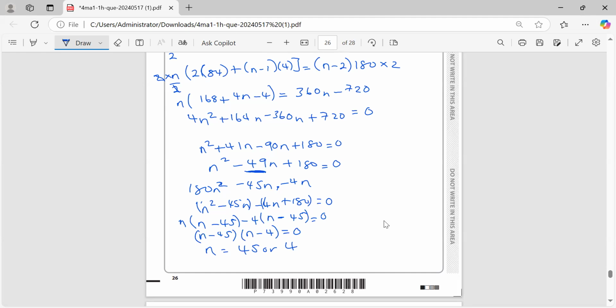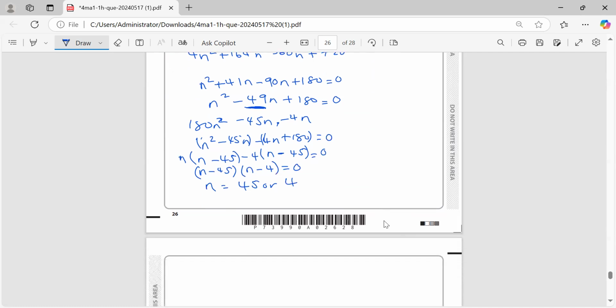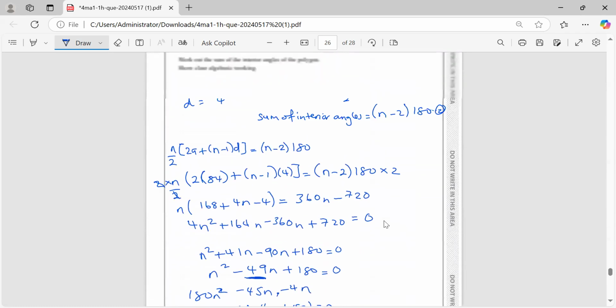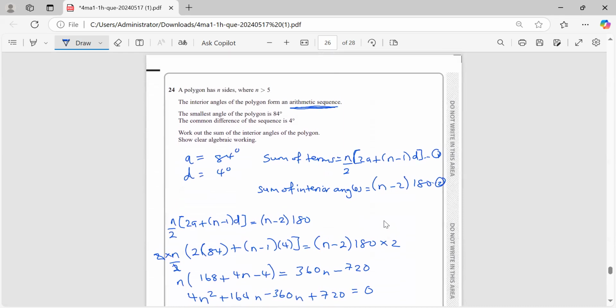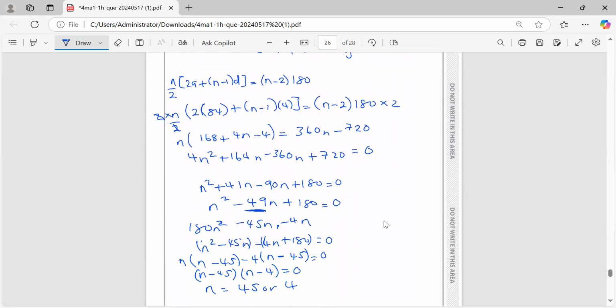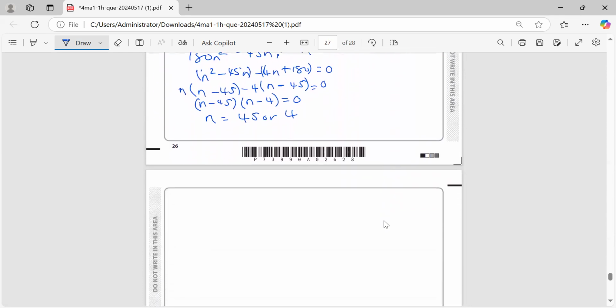So we're going to use those two values to work out the sum of the interior angles of the polygon. They want us to come up with the sum of the interior angles. If I'm using n equal to 45, n is the number of sides.